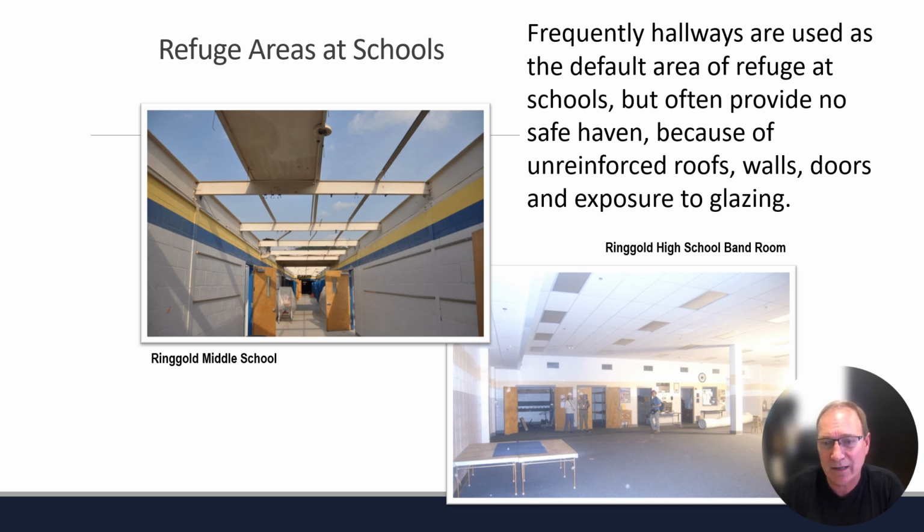In this particular case, you can see the sky. The roof was completely peeled away. They had clearly cleaned up after the storm had come through. But it also gives you an idea of just how much risk and exposure would have taken place for the kids had they been evacuated to the hall.